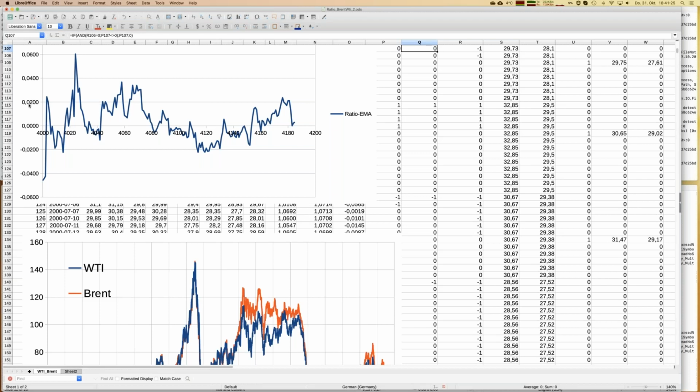Think about we would use plus minus 0.02. Then the first time we would have opened a trade would be here, because we exceed that threshold, so we open our pair trade, then we wait for crossing the zero line once again, and that would be the ending point of any trade.